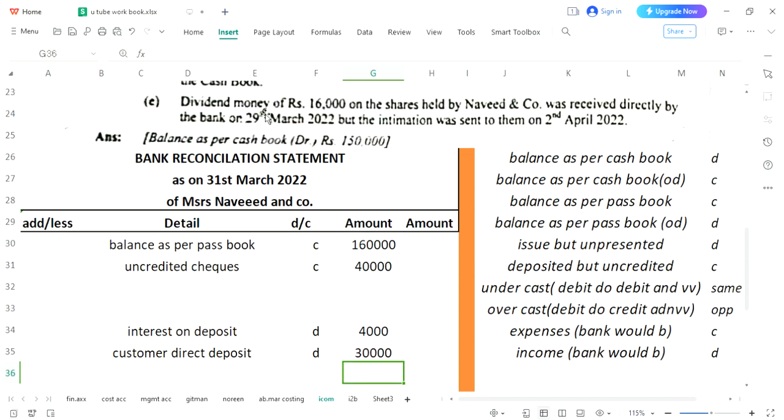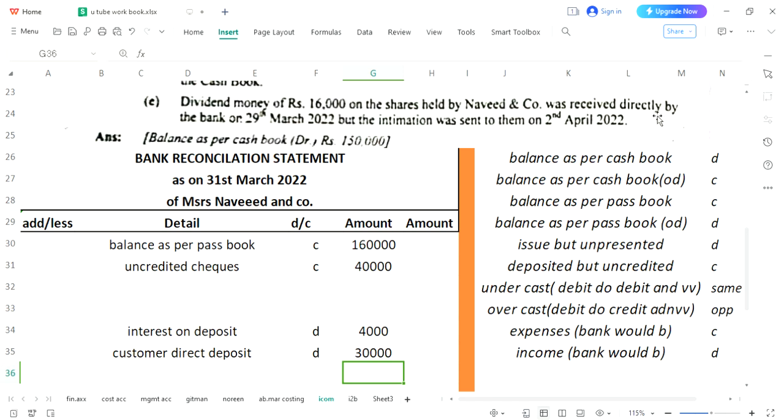Next entry, dividend. Dividend is profit, and as you have seen, it is income. But let's see what else it is saying over here. Dividend money on shares held by Naveed was received. Look here, the second helping word we have is received. Received means it is a favorable thing, it's your income.